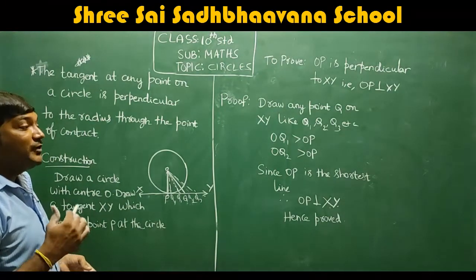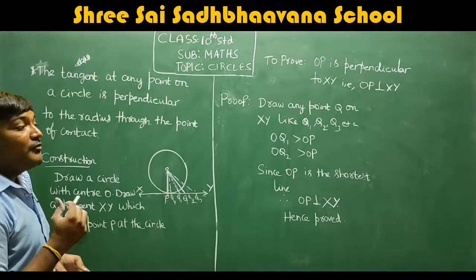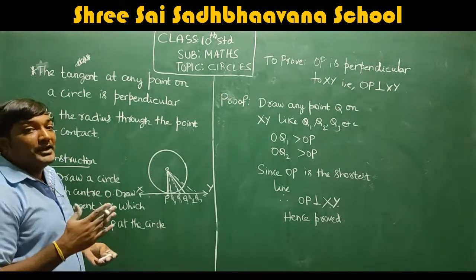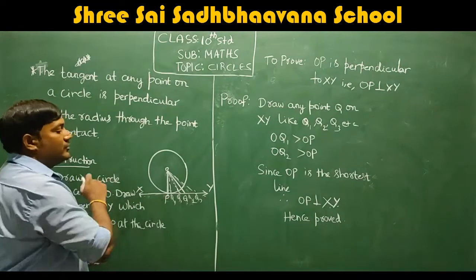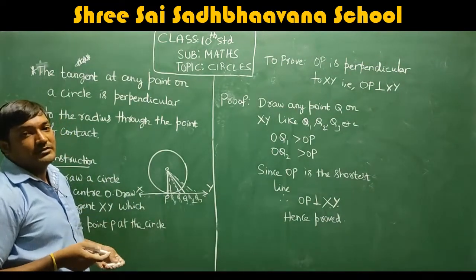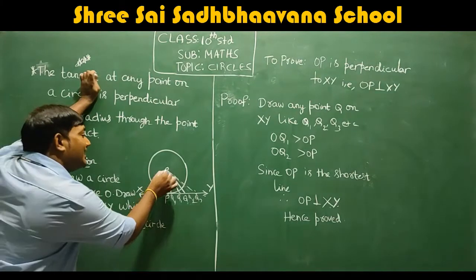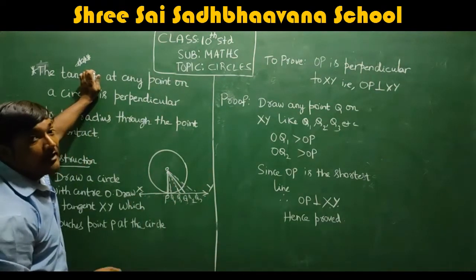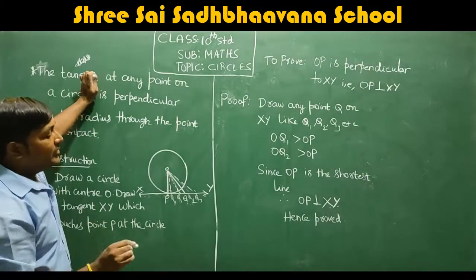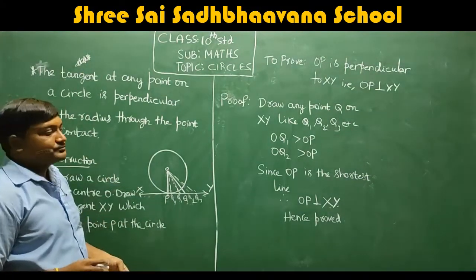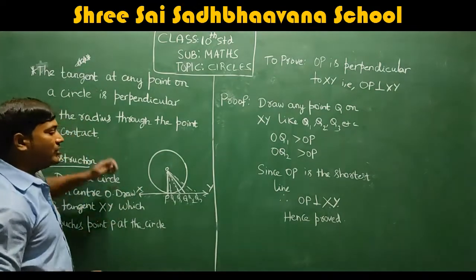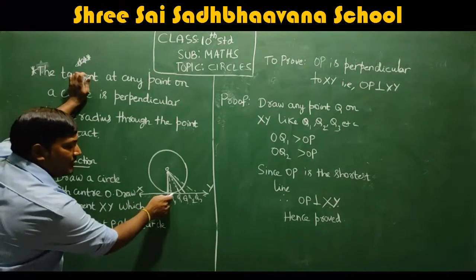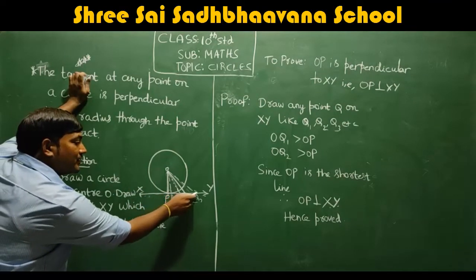So always, as I just explained, the shortest line segment will be perpendicular to the tangent. Always remember the line segment which makes the shortest distance with respect to the tangent will be perpendicular to the tangent. Geometrically you can also easily see that I drew around 4 or 5 points apart from P, and they are on the tangent.